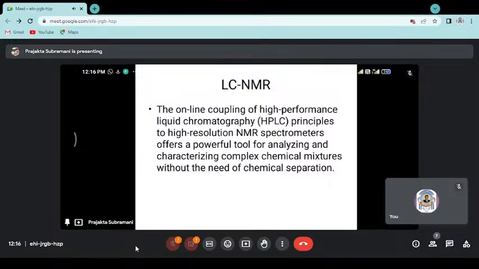The first experiment with this technique was done in 1970. Then there is the instrumentation of LCNMR.